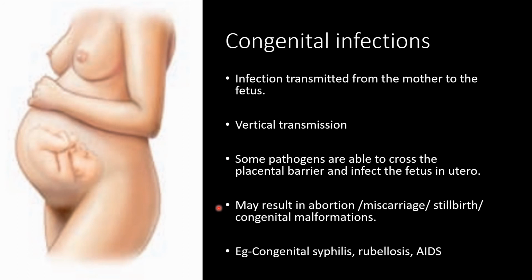So when such thing happens, it may result in abortion or miscarriage or stillbirth or congenital malformations. That means proper growth of the fetus might not happen. Especially if you see the rubella infection, rubella virus infection that can happen in the first trimester of pregnancy.